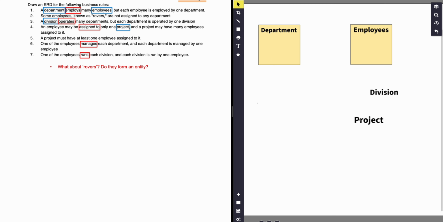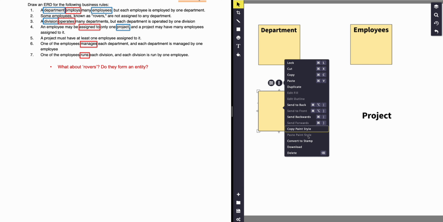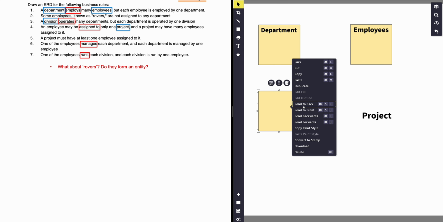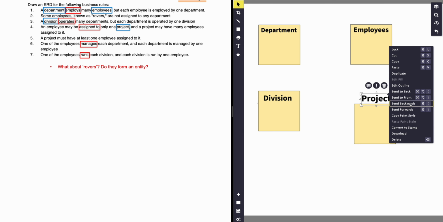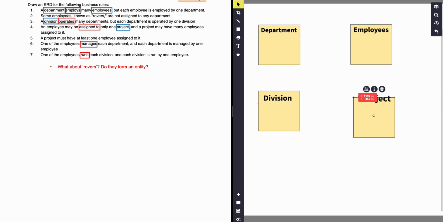Apologies, I'll try and speed this up. Division. And our projects. Send forwards. Perfect.